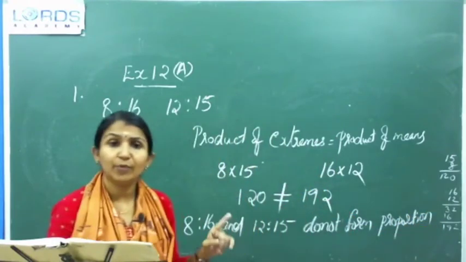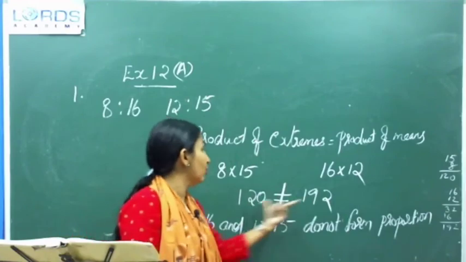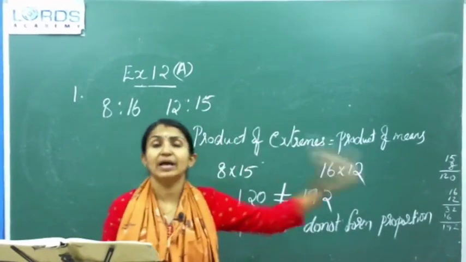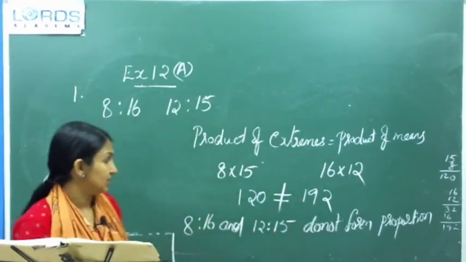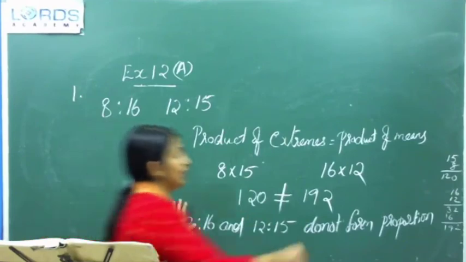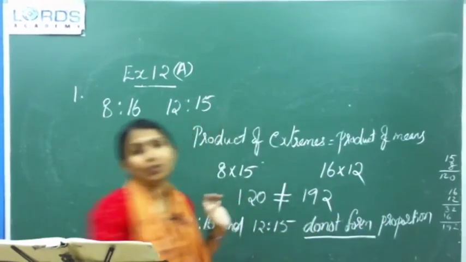If they are in proportion, what will happen? Both sides will be the same, and the product of extremes will be the same as the product of means. Here both are different, so we can say that they do not form a proportion.